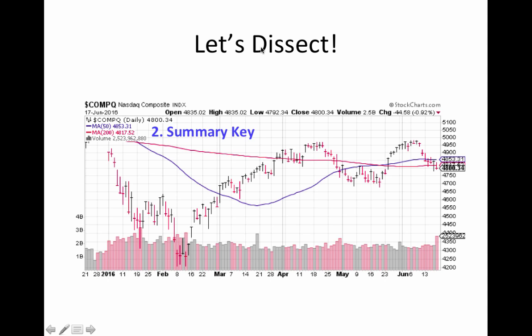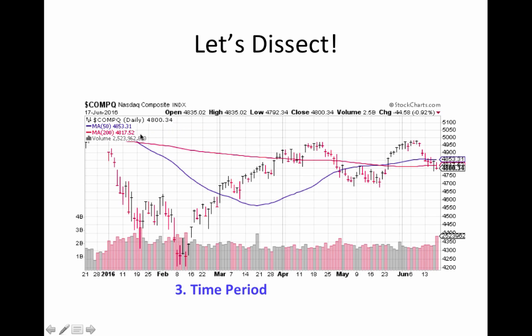Basically, these are the 50 moving average and the 200 moving average. These are price moving averages which I will share with you soon. But for now the bottom line is that the summary key tells us the important numbers from the stock charts we are using. Okay, this is a summary key.